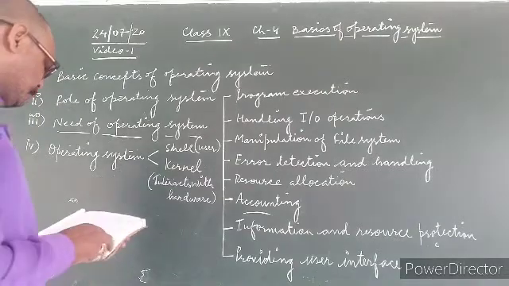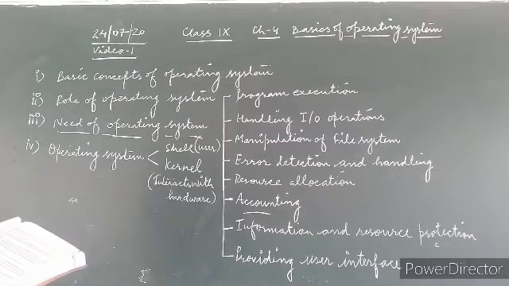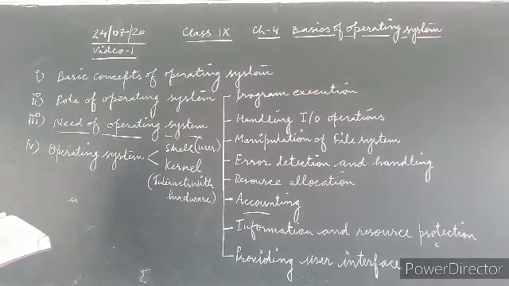So this is the need of operating system. On page number 67 of chapter 4 of your book, an illustration is given where the need and the works of operating system are discussed. You can read from there to understand in a better manner.